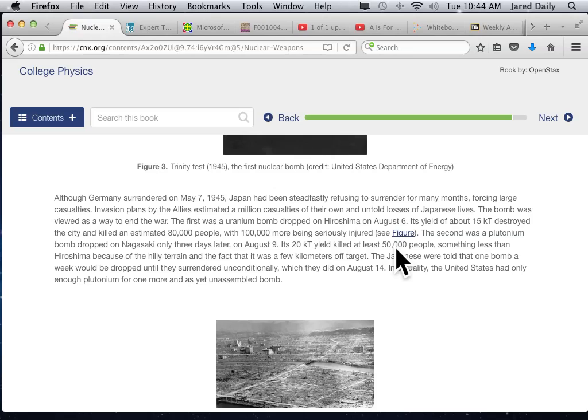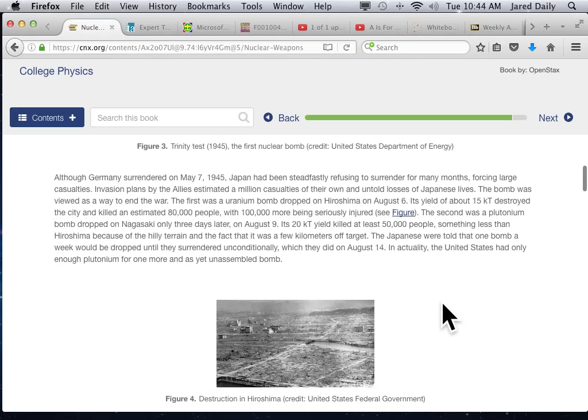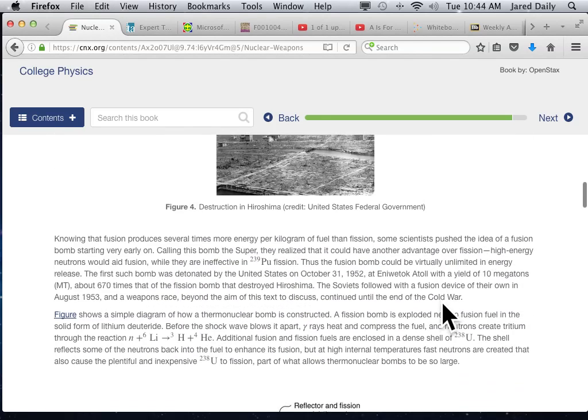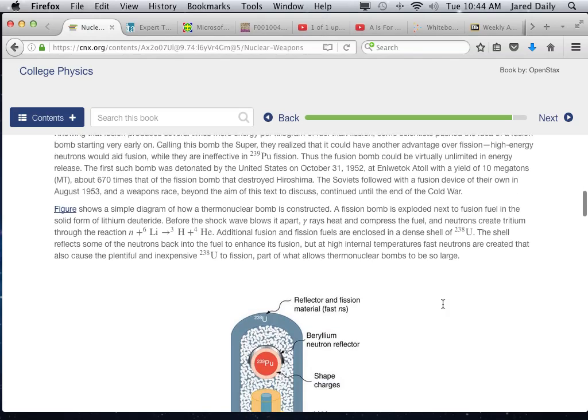But also, guess what? The Japanese knew what the first one did, so they left the city that time. That's the big issue. That was the big reason. People decided to leave the city after that and not hang on. So that ended World War II.